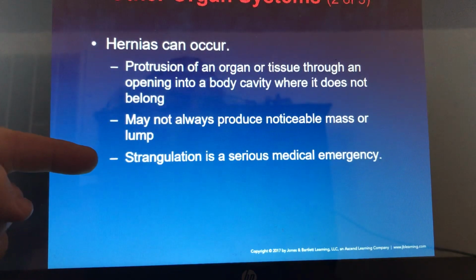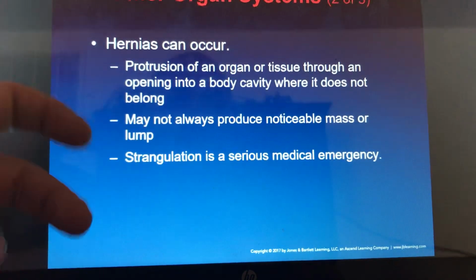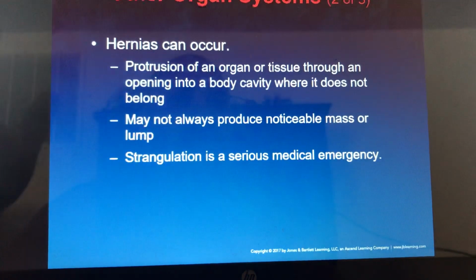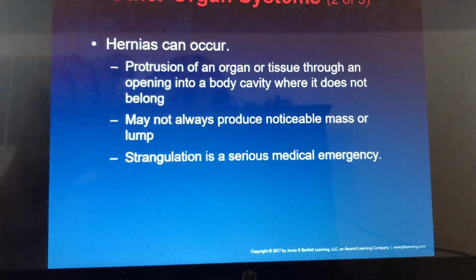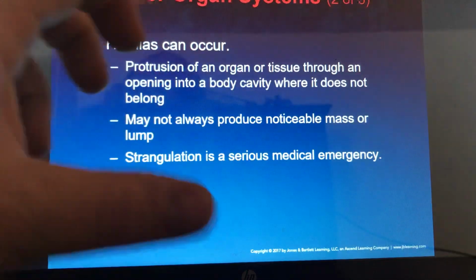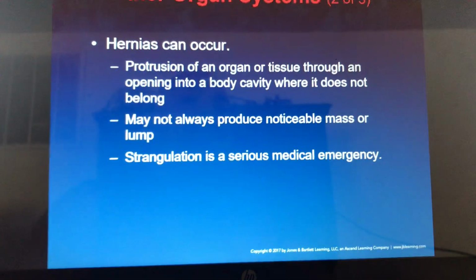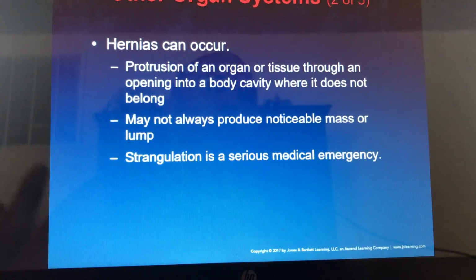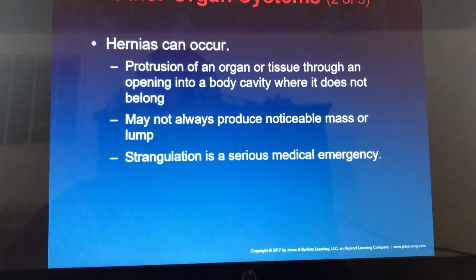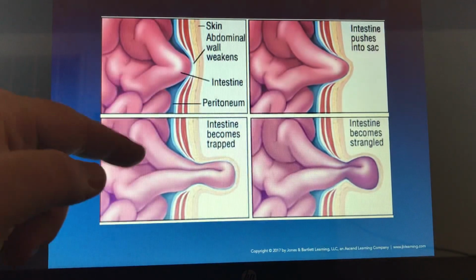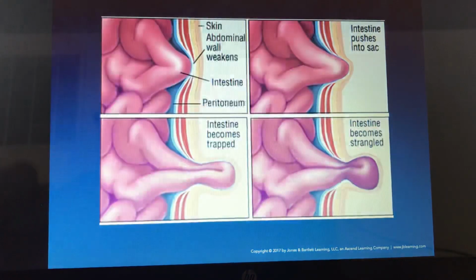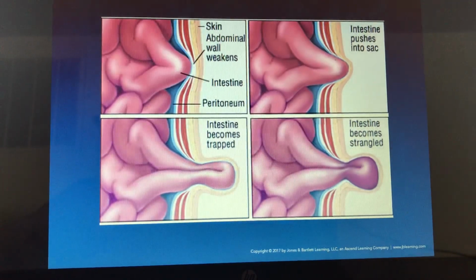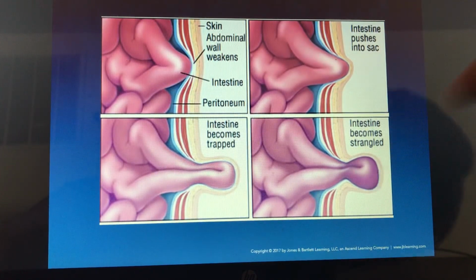It's called strangulation. What happens is, remember, everything in your body has blood supplies. It has arteries, arterioles, capillary beds, venules, and veins going and coming from. So if it was to pop through the abdominal cavity, and it's significant enough where the pressure pinches back on it and stops blood flow to it, you can actually have this start becoming necrotic.